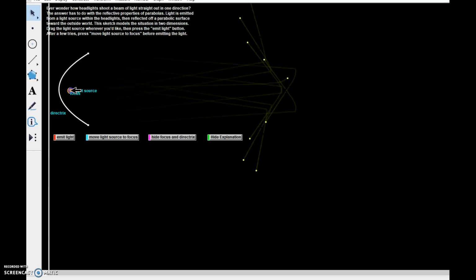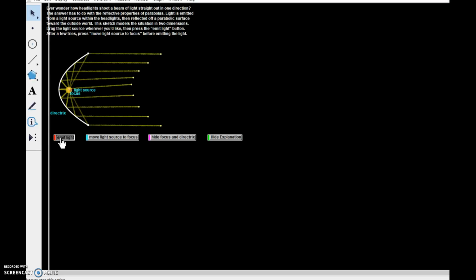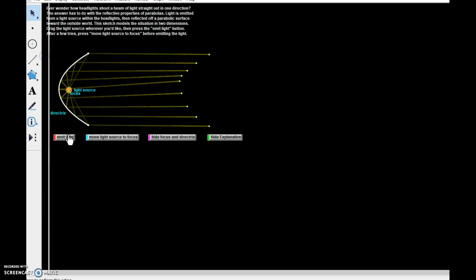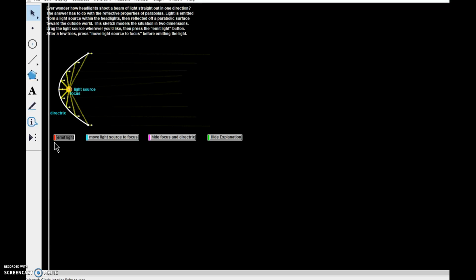Now I could put the point light source right at that point. Try to get it as accurate as we can so we can see the right phenomenon here. And now it seems like it goes out pretty close to horizontally. In fact, if you move the light source to the point, it'll put it right on that point. And now the light should go out perfectly horizontally.